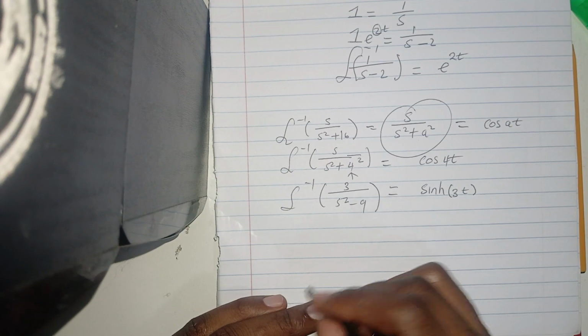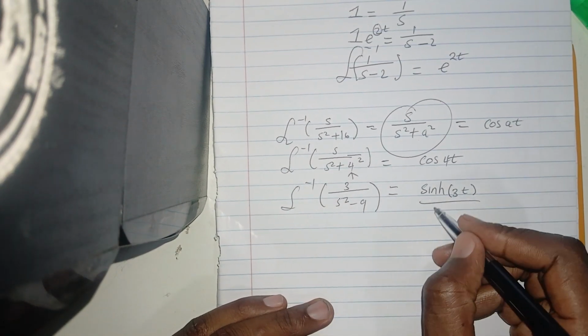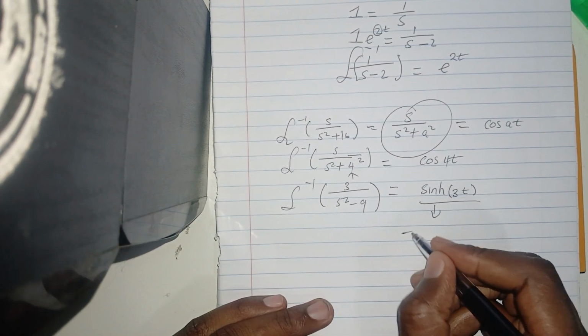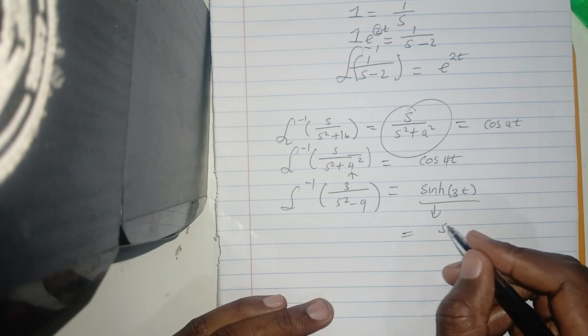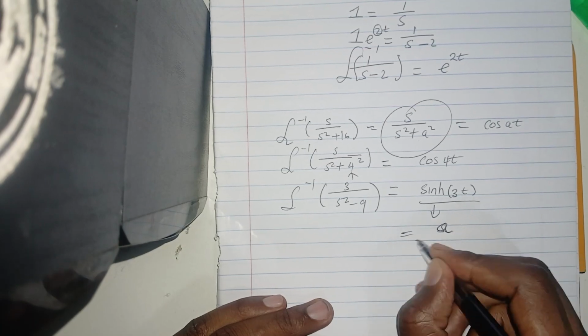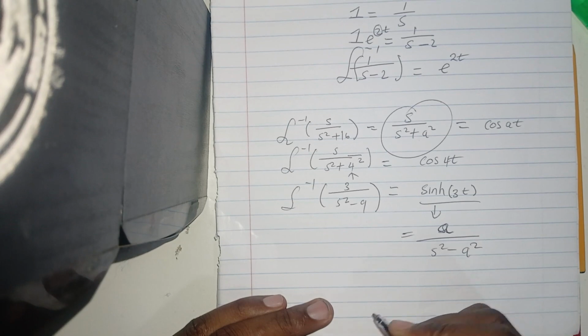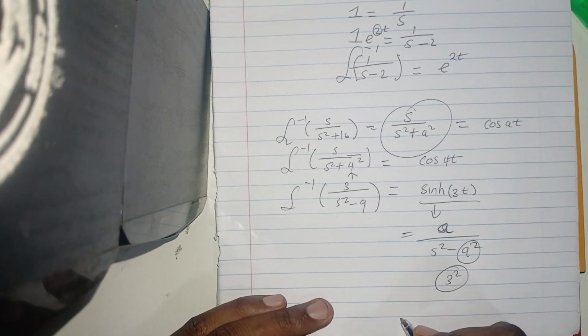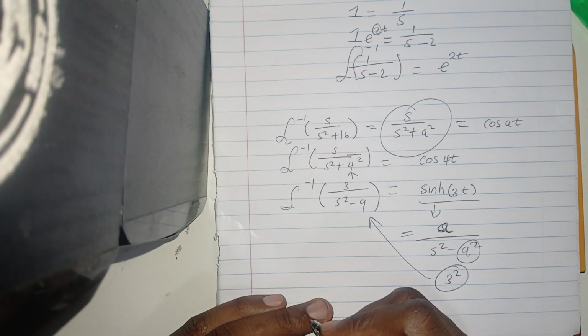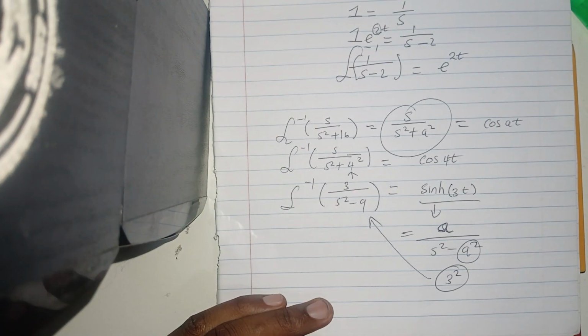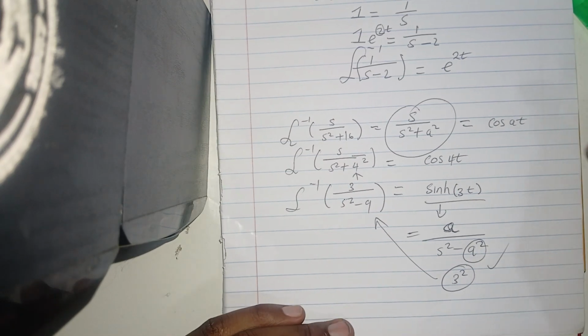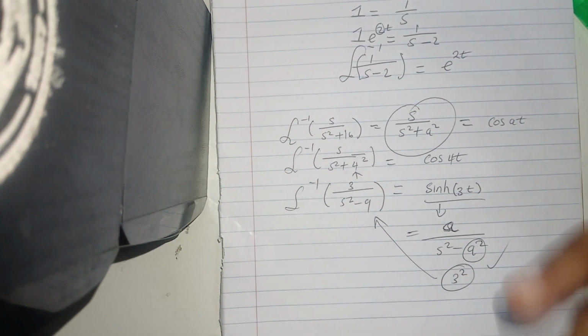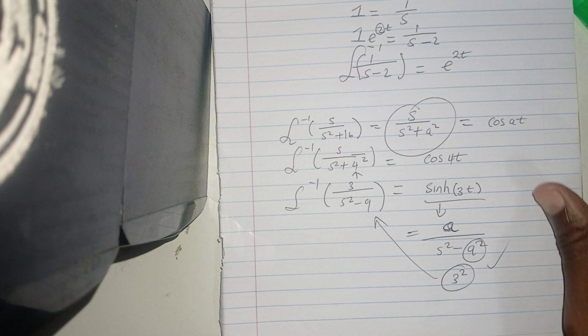That means this one, it's actually this, because this one, its rule says s, and rule says a divided by s squared minus a squared, right? So now a squared is 3 squared, right? Then 3 squared is equal to 9. 3 squared is equal to 9. So now I think by now you have already mastered this inverse. You just have to do many practice.